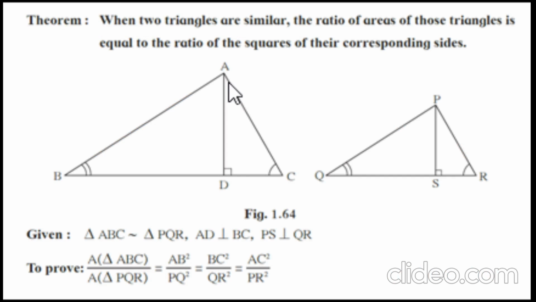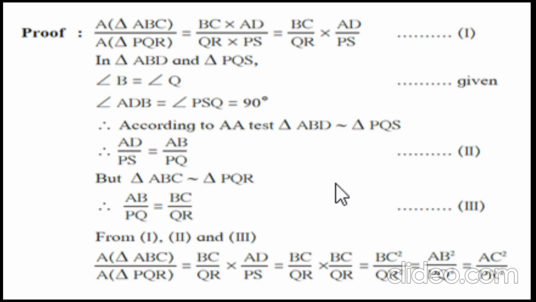Then angle ADB is 90 degrees, and angle PSQ is also 90 degrees. Therefore they are equal. So angle ADB is equal to angle PSQ is equal to 90 degrees. So what we get from these two is that triangle ABD is similar to triangle PQS by AA test.